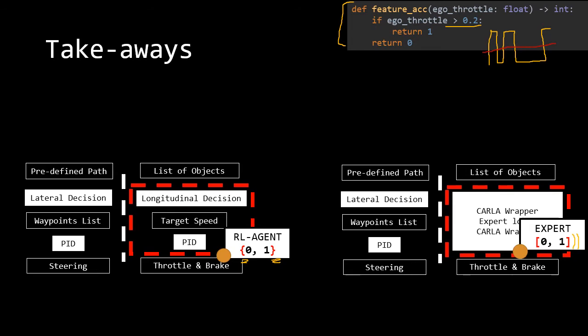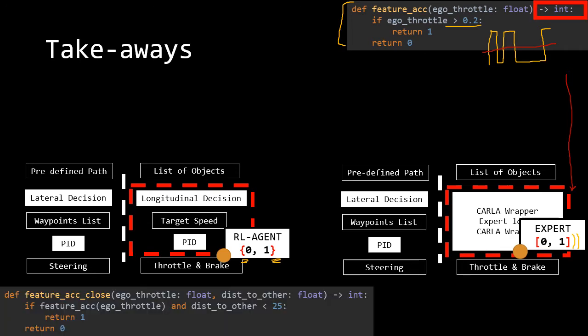If it's below this threshold, then it's 0. That would have been enough. But when it comes to this interval, it doesn't make sense anymore, especially when you're propagating this feature in other features. And this is an int as output. So if you propagate that in another one, which is basically here it is, and so on.